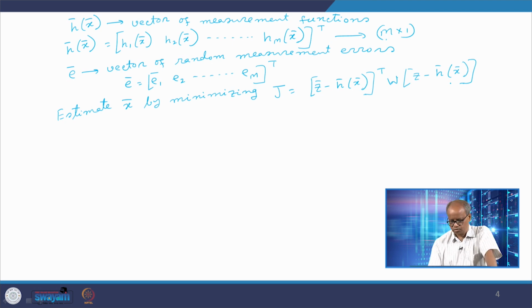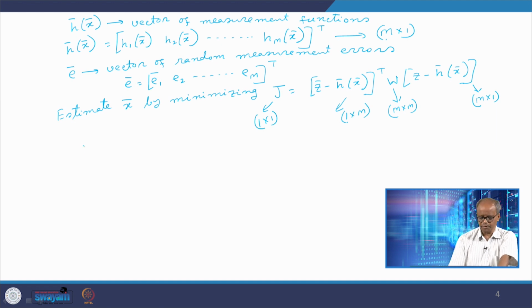Now, let us see. This vector z minus h(x) is 1 cross m. This is a weight matrix, which is m cross m. And this z minus h(x) is m cross 1. So, this J is a scalar quantity.